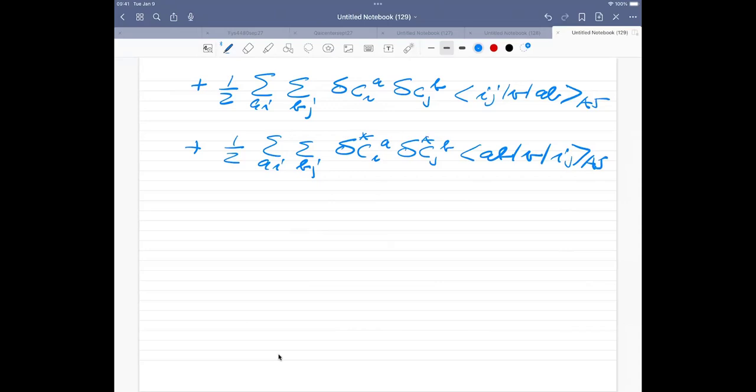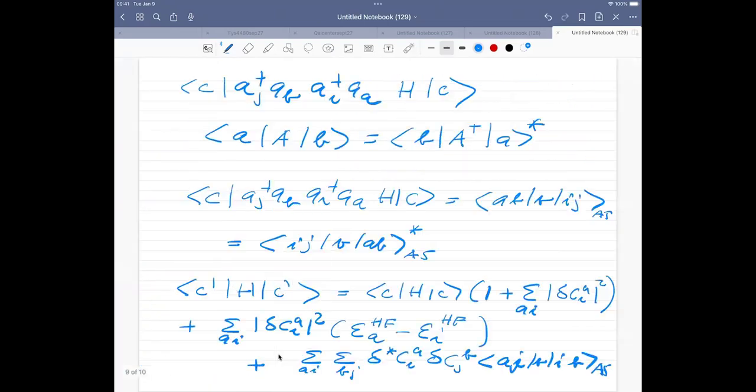Now, what I can do now, if you now remember that this term which you have here, this one is nothing but our reference energy, E0 ref.